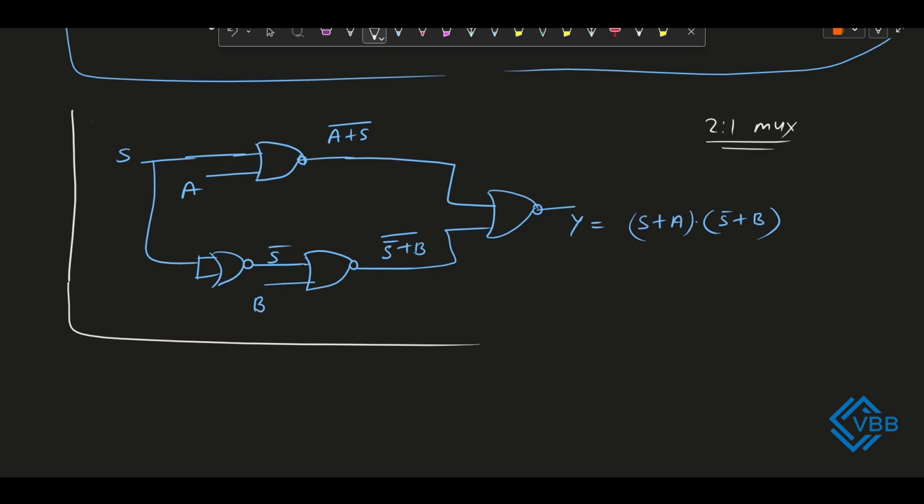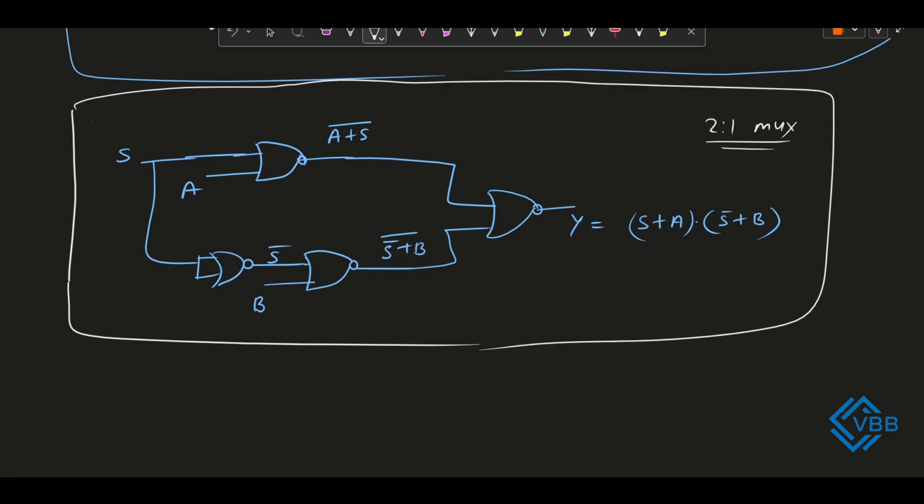Similar to the NAND gate implementation, if a question is asked about the NOR gate implementation of 2:1 MUX, we can simply write the answer: 1, 2, 3 and 4. 4 NOR gates are required to implement the 2:1 MUX, and 4 NAND gates as well, as we have seen, are required to implement the 2:1 MUX.